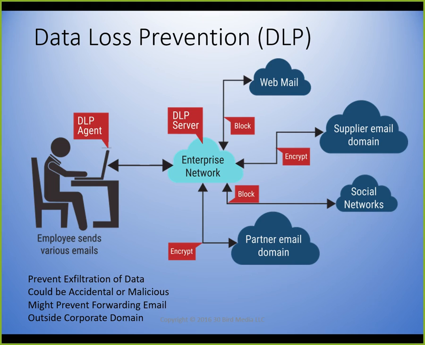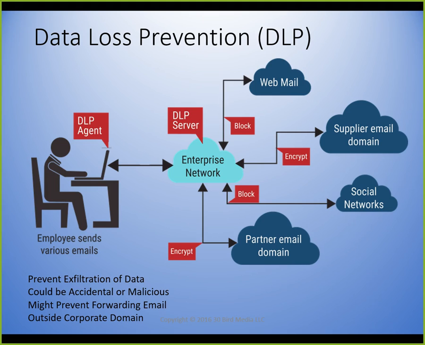There are a couple of things on the social networks allowing users to post there. If you start threatening somebody, the company that owns the network that you threaten from may be culpable in this thing, and they may have some culpability in it. The other one here, going to the partner email domain, supplier email, partner email domain, we're going to allow it, but we're going to encrypt those things.